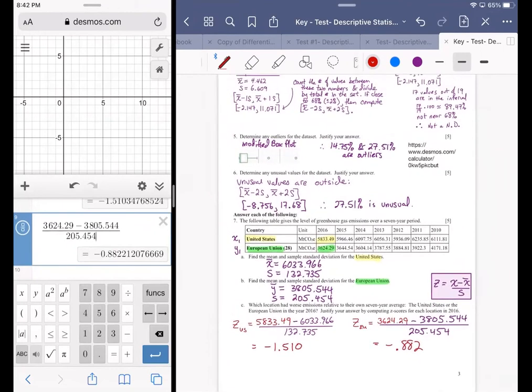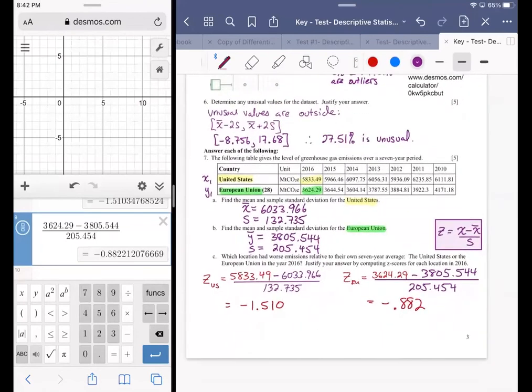All right, so we're looking for a conclusion here of which one indicates a better value. It's just a question of, do we want higher levels of greenhouse gas emissions? Is that considered a good thing? Do we want to be above average? Probably not. So we're looking for the smaller number.